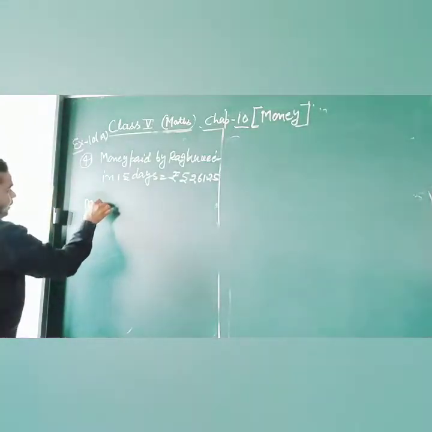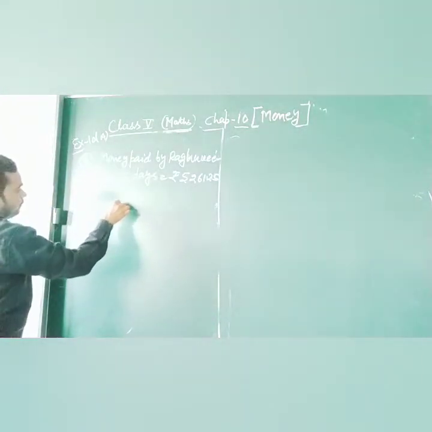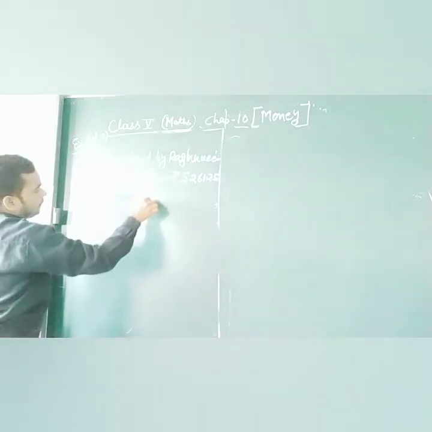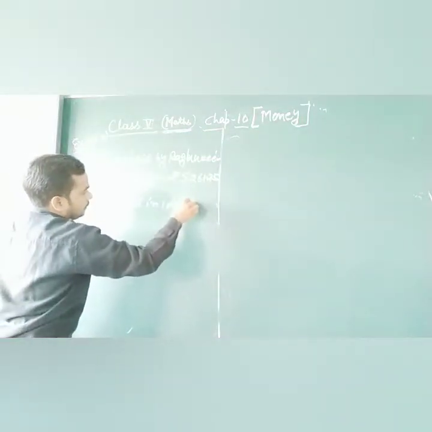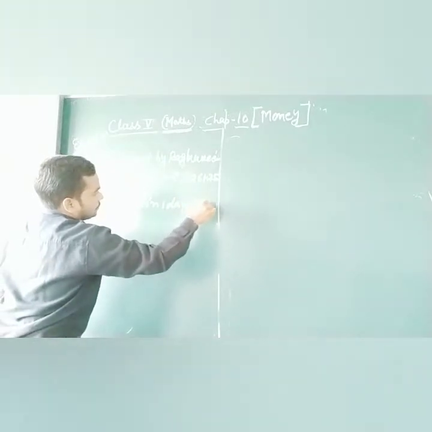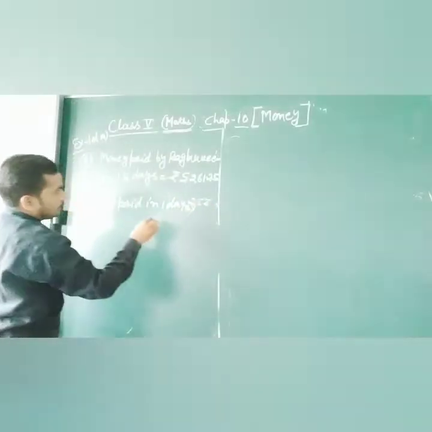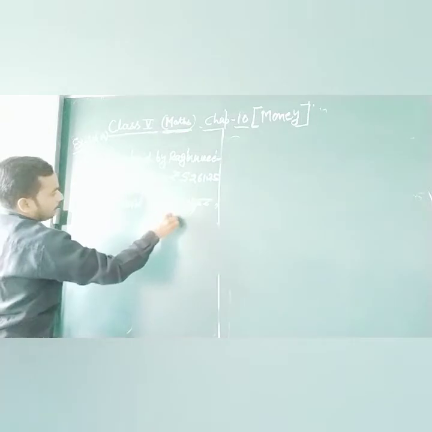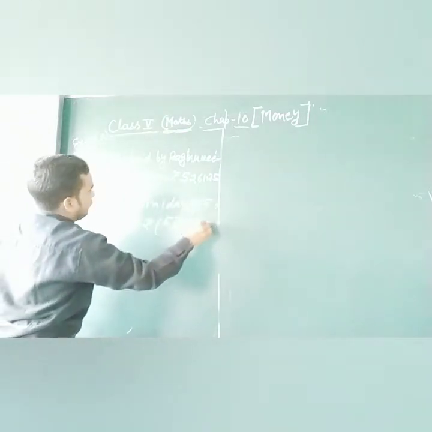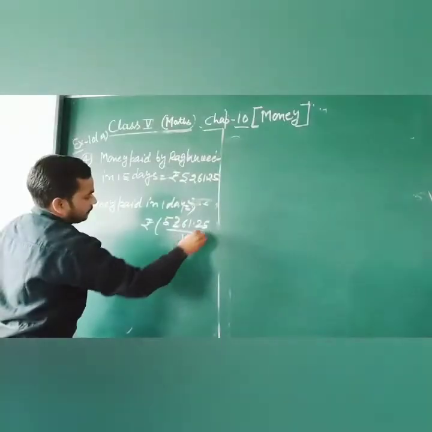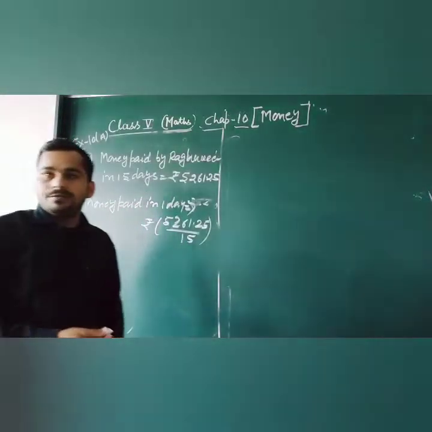So money paid in 1 day equals 5261.25 divided by 15.